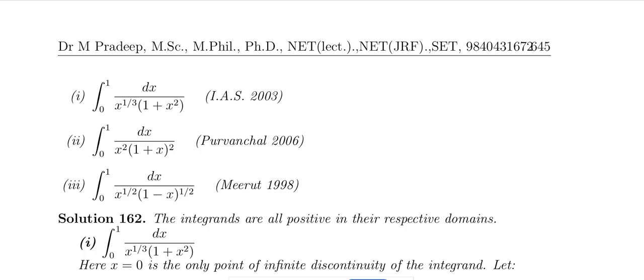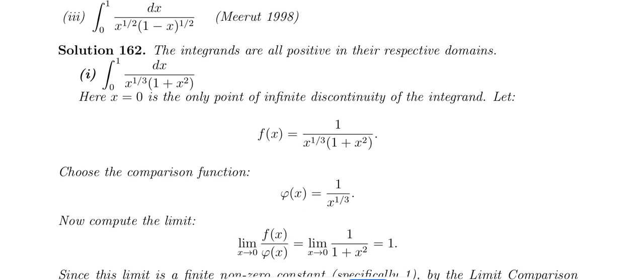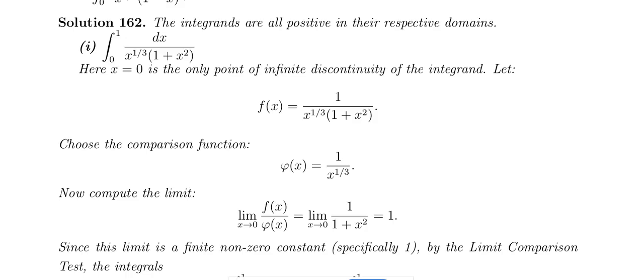Okay, so if we check the convergence, for the first problem, x equal to 0 is the only point of infinite discontinuity of the integrand. So we compare with the function phi of x equal to 1 by x power 1 by 3. In the limit comparison test, we take the limit as x tends to 0 of f of x by phi of x, and on dividing, the x terms cancel. This is a suitable function to use for the comparison test.